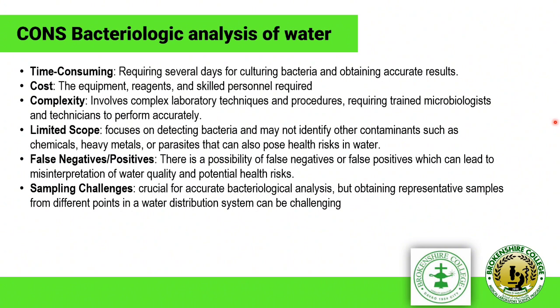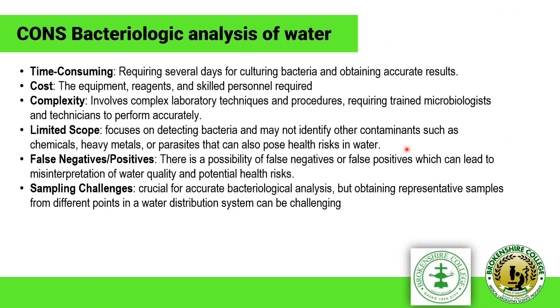It is more challenging in large and complex body networks of water. And cross connection or backflow may cause improper plumbing connections or pressure changes which will cause the possible bacteria to divert into other water channels that will cause bigger damage. There is a possibility of false negatives or false positives, which can lead to misinterpretation of water quality and potential health risk.